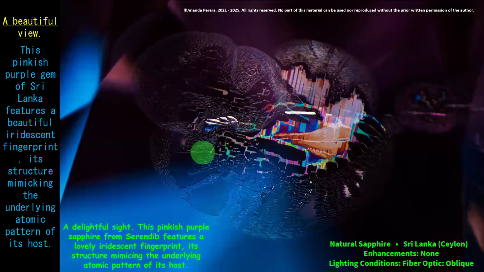Come here. This is also natural sapphire, Sri Lanka sapphire, no enhancement. Lighting condition is fiber optic oblique. Look at this. Now you can see the very beautiful color and fingerprint here. Very beautiful view inside the stone.